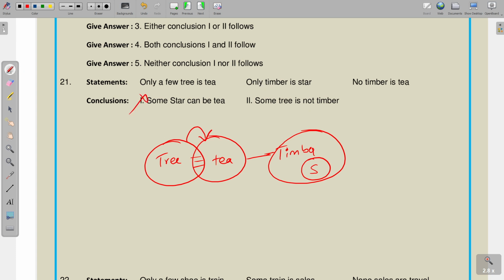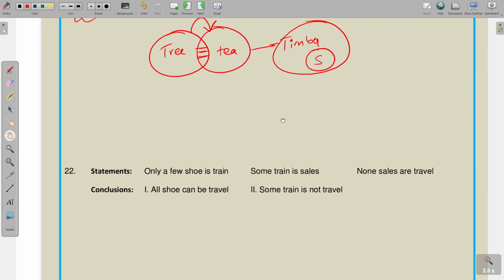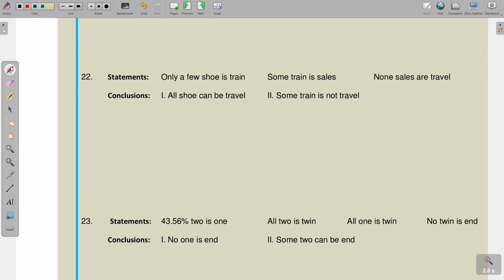Some tree is not timber: some part of tree is T and no T is timber, so the second one definitely follows. Only option 2, only the second conclusion follows.